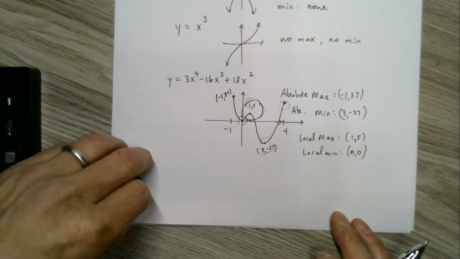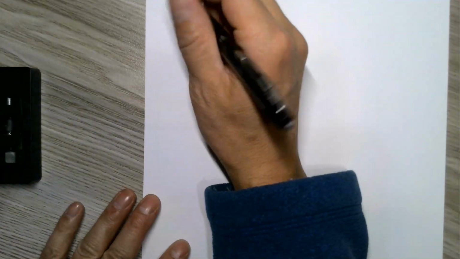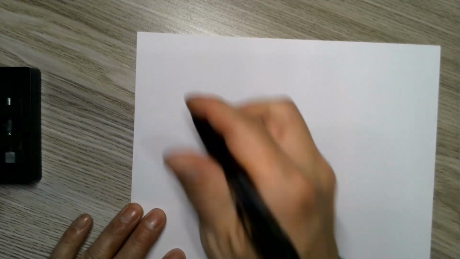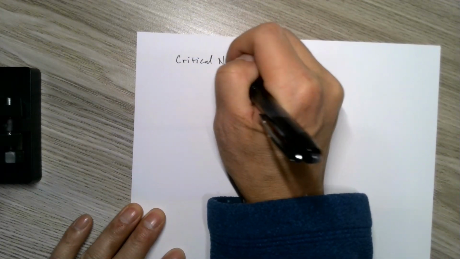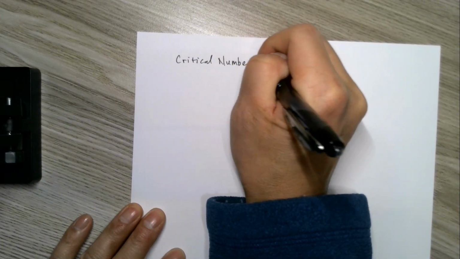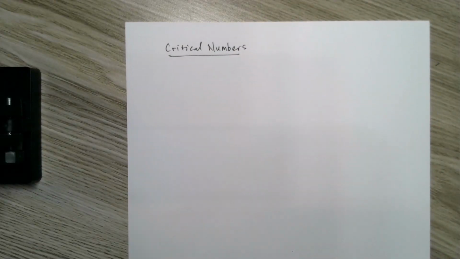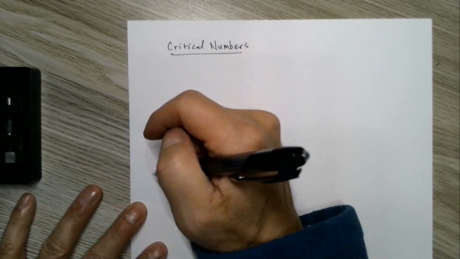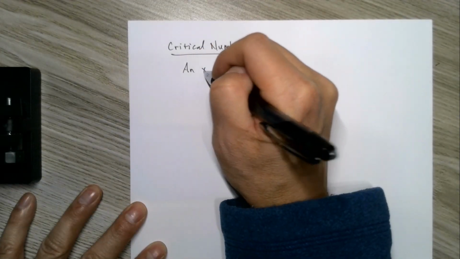Okay, so now we want to talk about what critical numbers are, and that's what I'm going to end with. You've actually already seen some critical numbers when I was talking about maxes and mins. So a critical number is, first of all, it's an x value, not a y value.